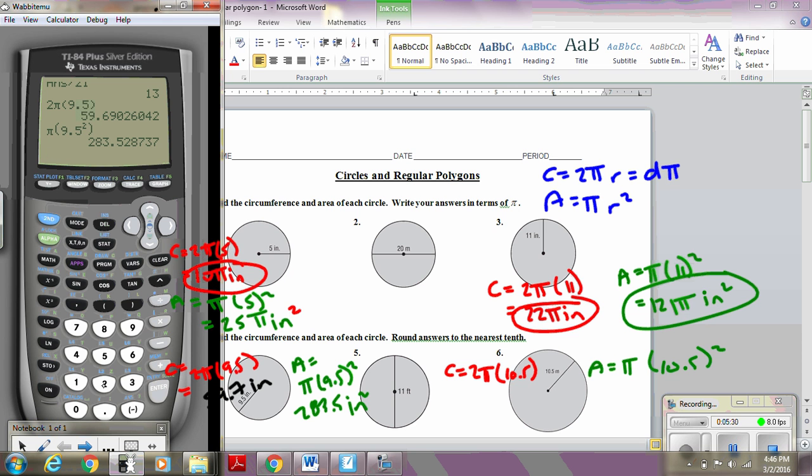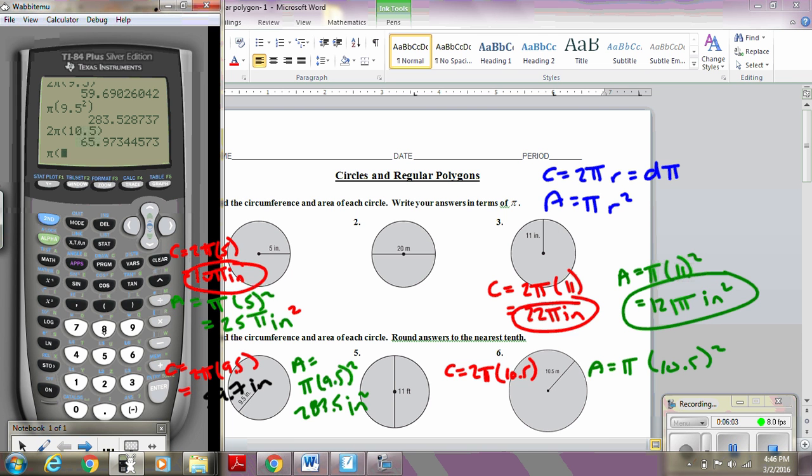And for the circumference first, 2 pi 10.5. So 65.97. And for the area, it's pi, oops, sorry. Let's delete that. I'll write over it. It doesn't matter.